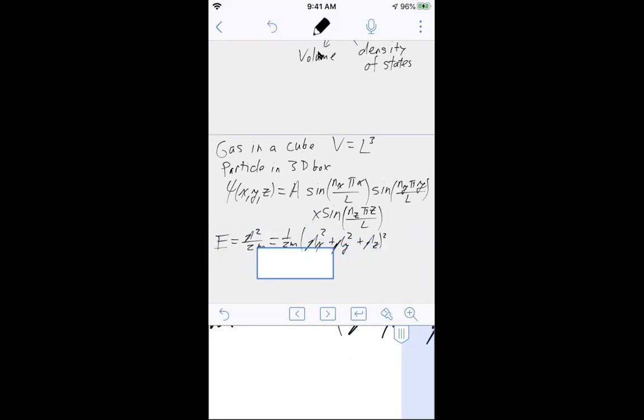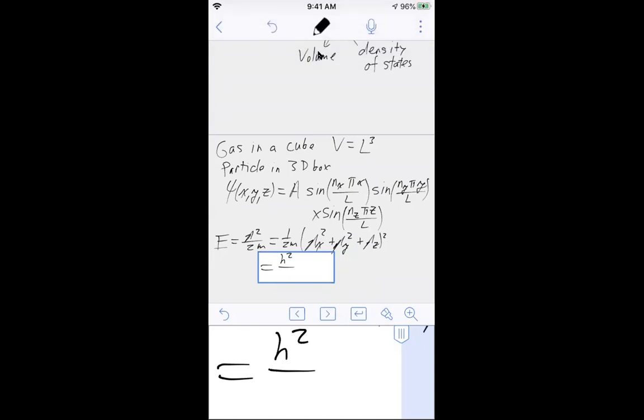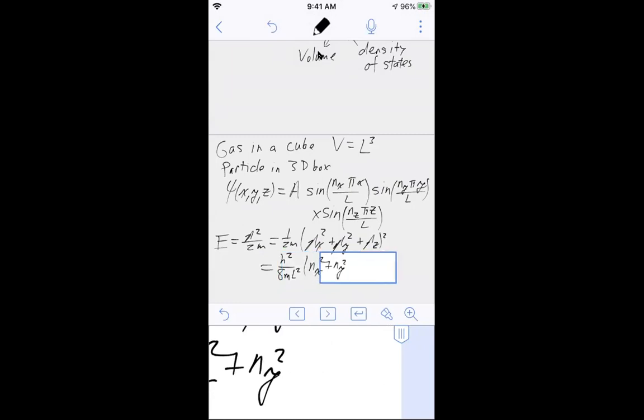Using this, since these are sine functions, the wavelength is related to the momentum using the de Broglie formula. That gives us h squared over 8mL squared times n sub x squared plus n sub y squared plus n sub z squared.